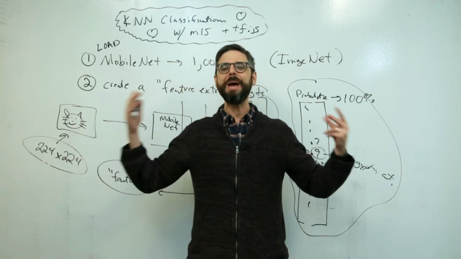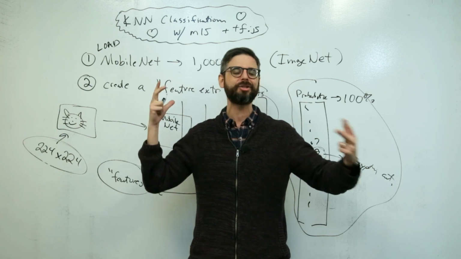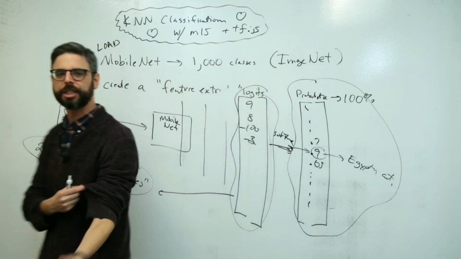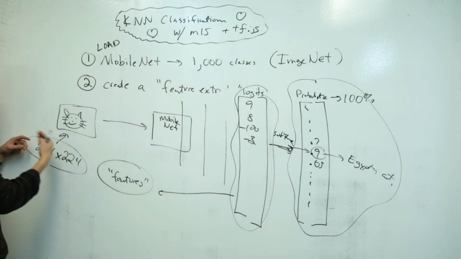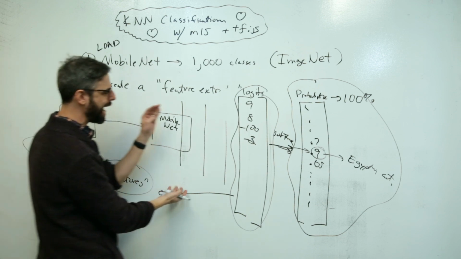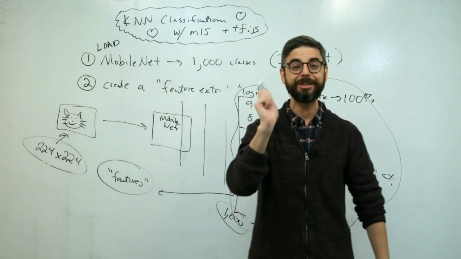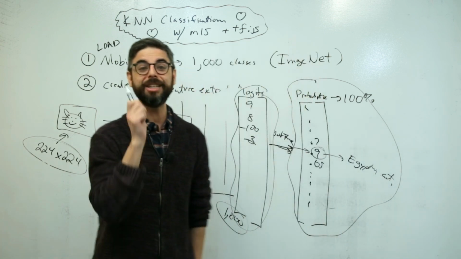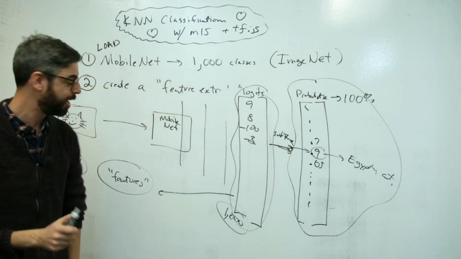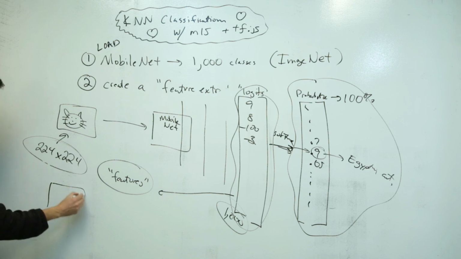But that's too many numbers to work with and compare and try to make sense of the image. So this pre-trained model has already learned how to boil it down to just 1,000 numbers. And if we have 1,000 numbers, we can start to compare this image to, let's say, another image.